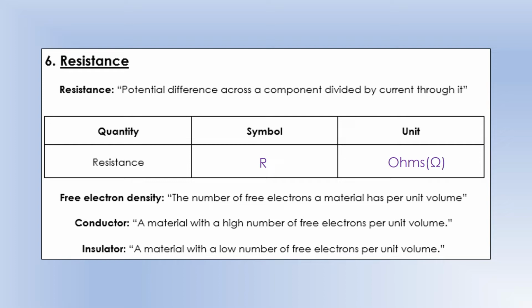Metals tend to be our conductors, and they are conductors because they have a high number of free electrons per unit volume. These are electrons that are not attached to atoms, they are actually free to move around inside the material. An insulator, conversely, is something that has a very low number of free electrons, maybe even none per unit volume, and that's why current is not able to pass through that material.